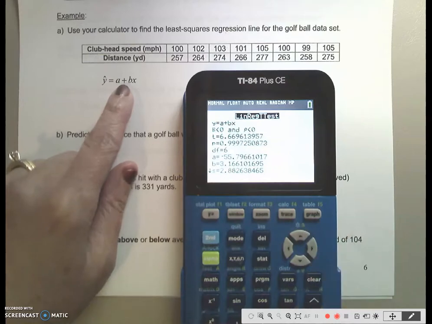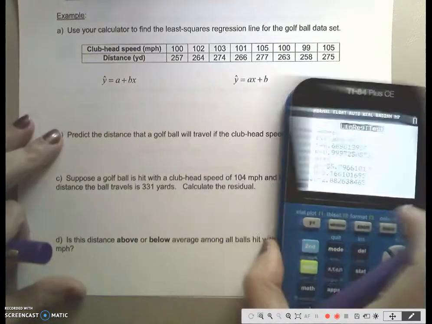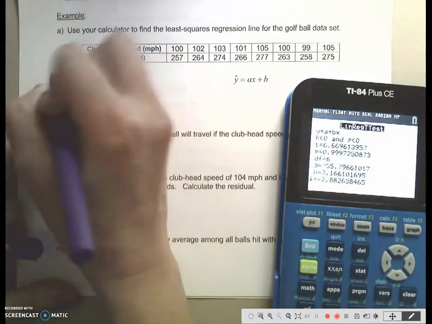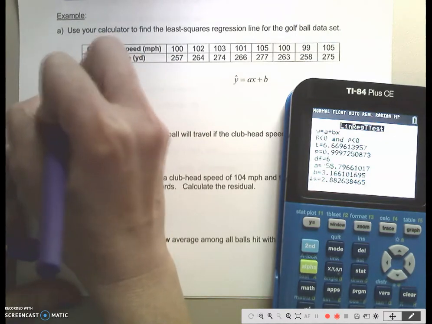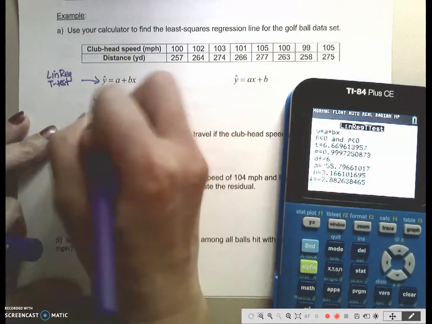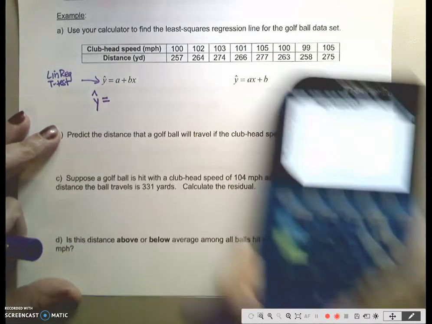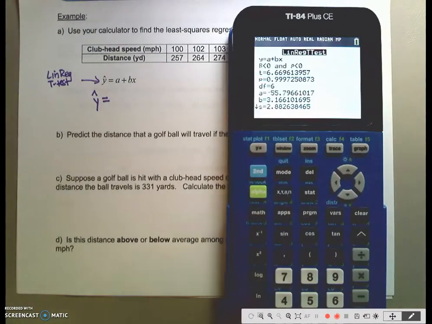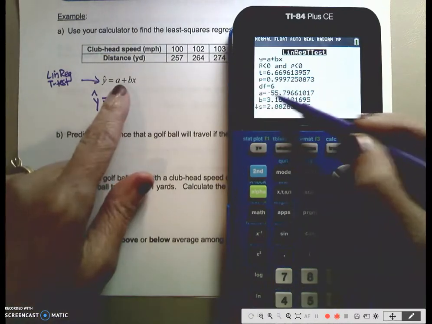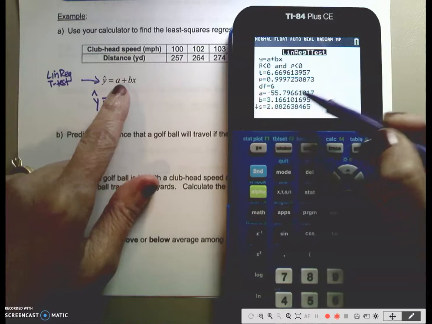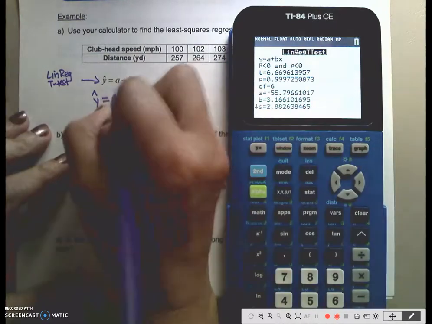So if you're using LinReg t-test, you would write this for your prediction. And we're going to round all of these A and B to 4 decimals. So A is negative 55.7966.